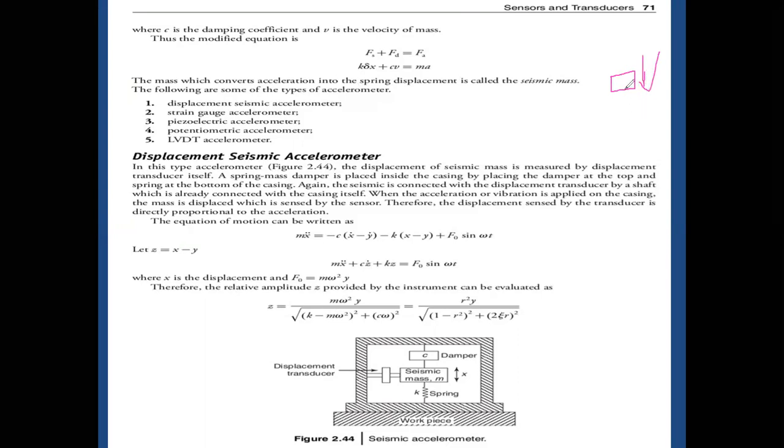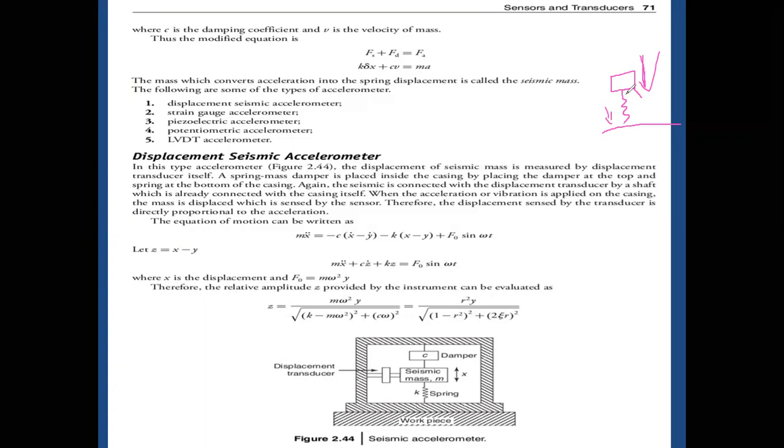When I connect this mass to a spring, whenever we give an acceleration in this direction, the body will convert this acceleration into spring displacement here. Okay, understand? This body converts the acceleration into the spring displacement.